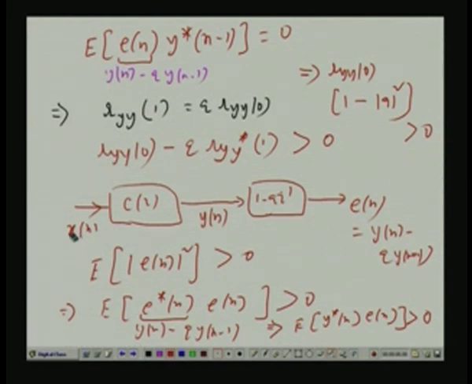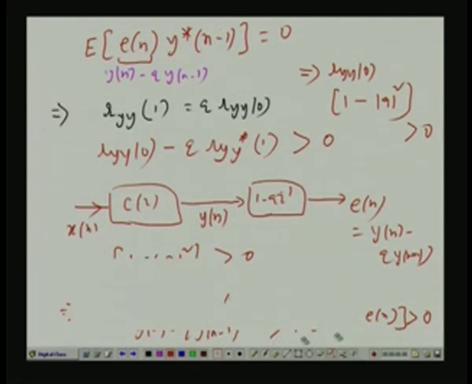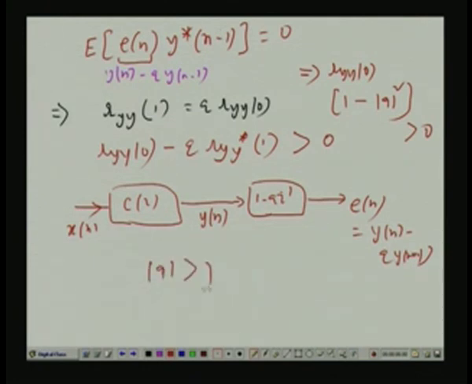If that is equal to 0, that means the current sample can be expressed as a linear combination of past p minus 1 values, which is not the case for a non-deterministic process. So, this is greater than 0. That means what we have here is 1 minus mod q square greater than 0, that is, mod q should be less than 1, which means the root is within the unit circle.